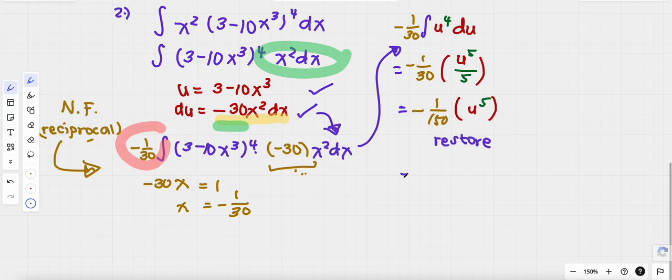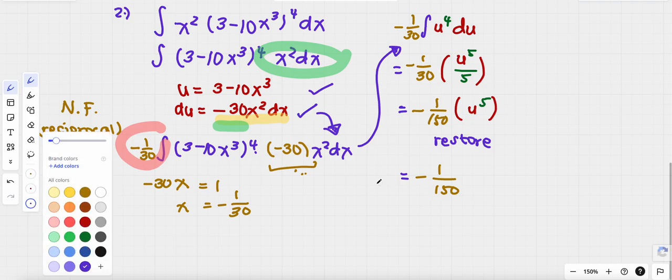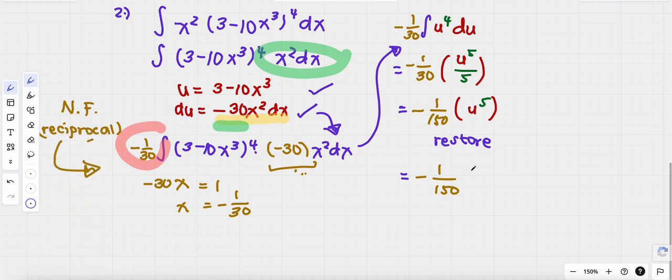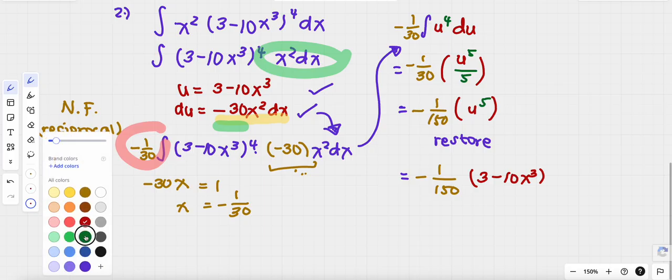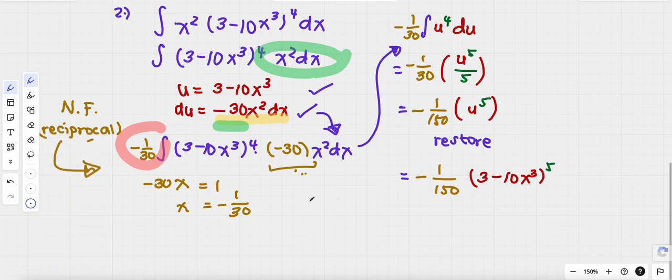So restore, this will be negative 1 over 150 times, what is our original u? This is 3 minus 10x cubed, raised to the power of 5. Don't forget plus c. Then let's check.